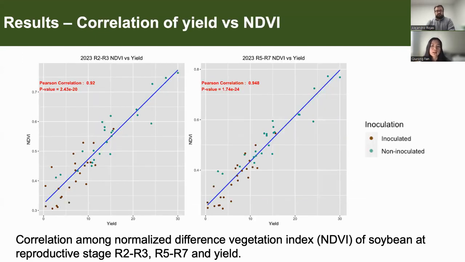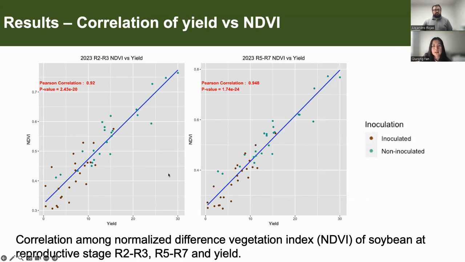So how does our remote sensing data correlate with the yield? We calculated the correlation between the normalized difference vegetation index, which is the NDVI of the soybean, and the yield. In this graph, the x-axis is the yield and the y-axis is the NDVI at different growth stages. This is R2 and R3, and this is R5 to R7.